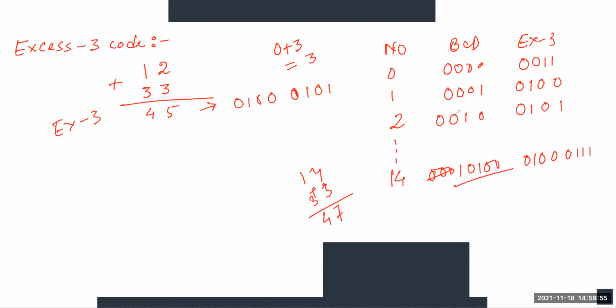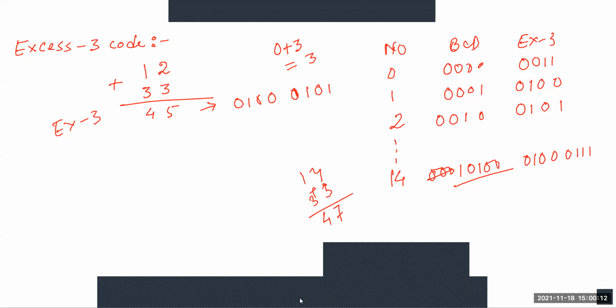Is there any doubt for XS3 code? No, sir. Okay, so the next topic is XS3 addition. Before starting it, I am giving you 1 minute for attendance. All participants are requested to put your name in the chat box.